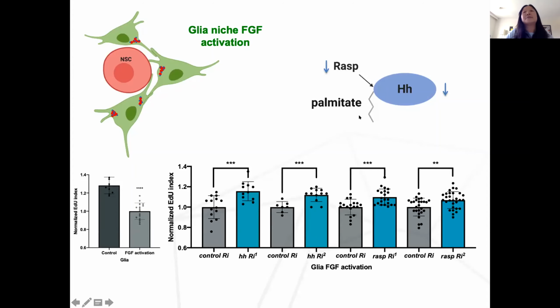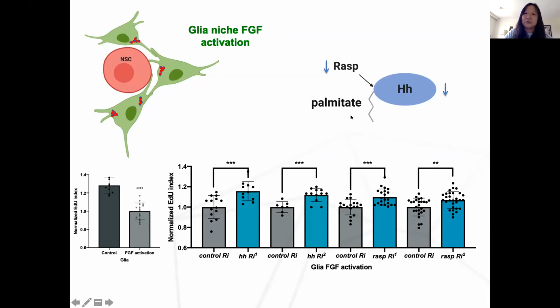And next, she asked whether palmitoylation of hedgehog is important for the ability of hedgehog to signal between the glia compartment and the neural stem cells. And here she utilized a reagent called RASP, which is an acyltransferase that is very important for palmitoylation of hedgehog on its N-terminus.